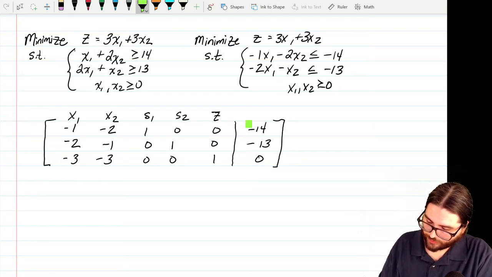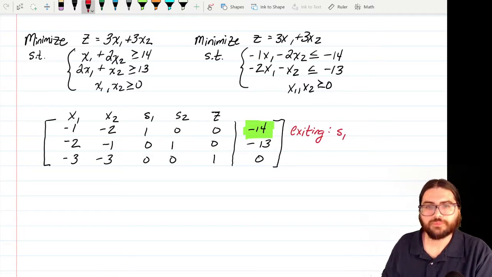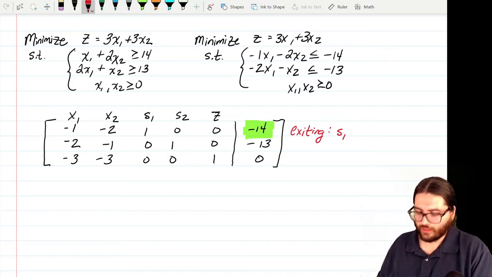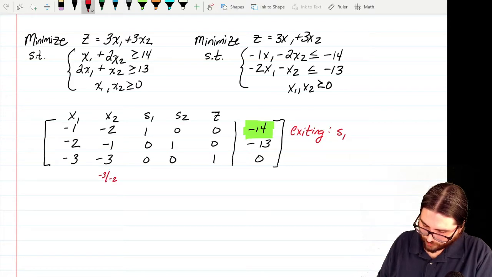I choose the largest negative number here. The exiting variable is S1. And then I look at the ratios. -3 divided by -2. That's 1.5.